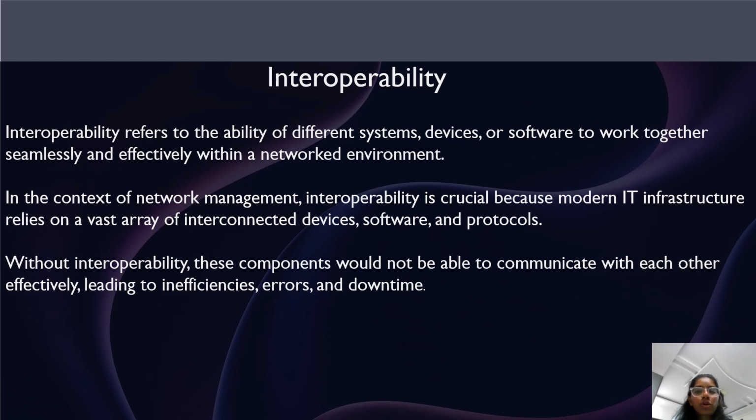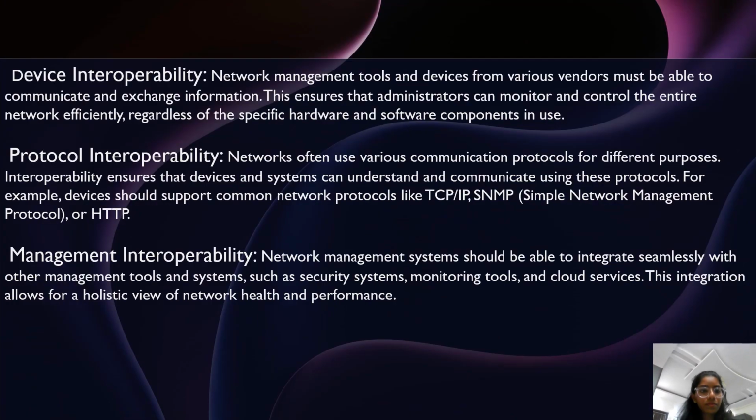It is most important because we need to exchange data between different systems. Without interoperability, the components would not be able to communicate with each other effectively, leading to inefficiencies, errors, and downtime. With the help of interoperability, we can communicate easily, there will be comparatively fewer errors, and it will be very efficient to work with.